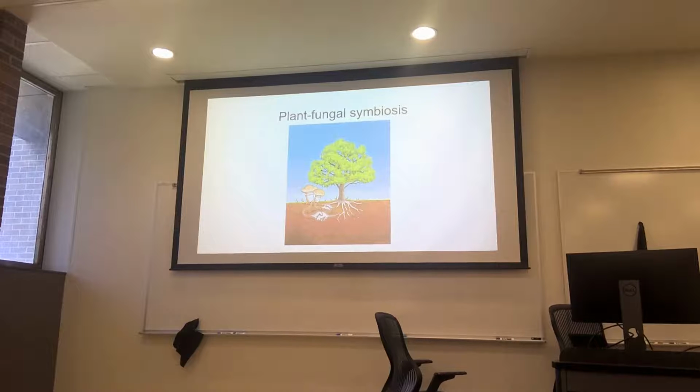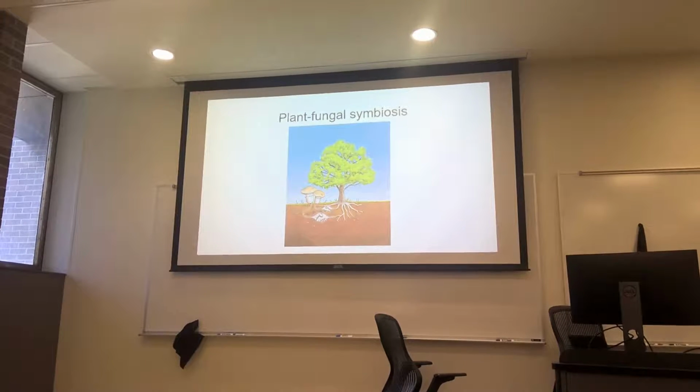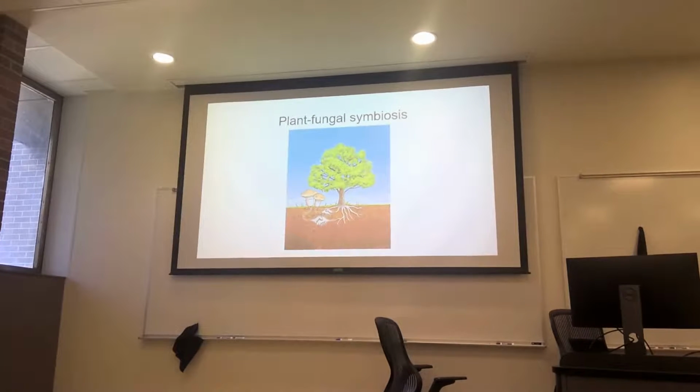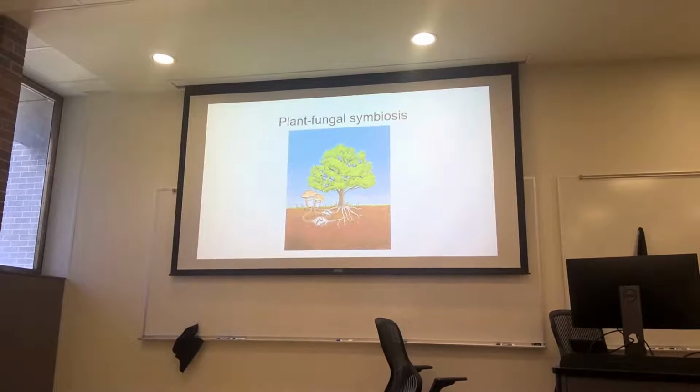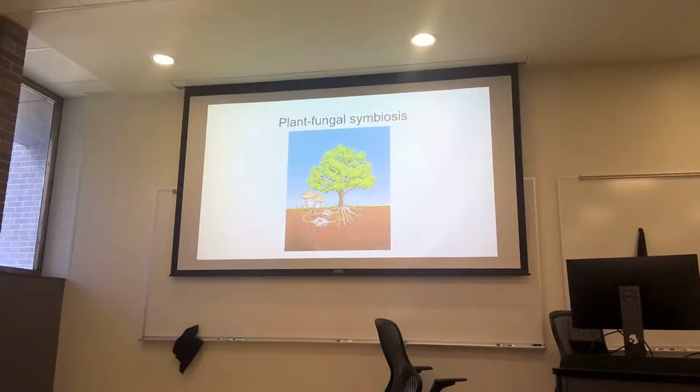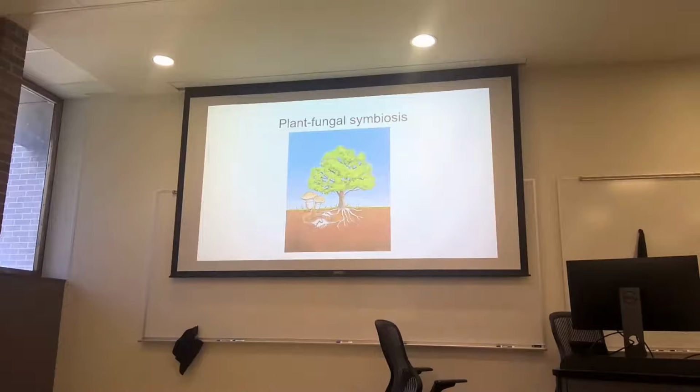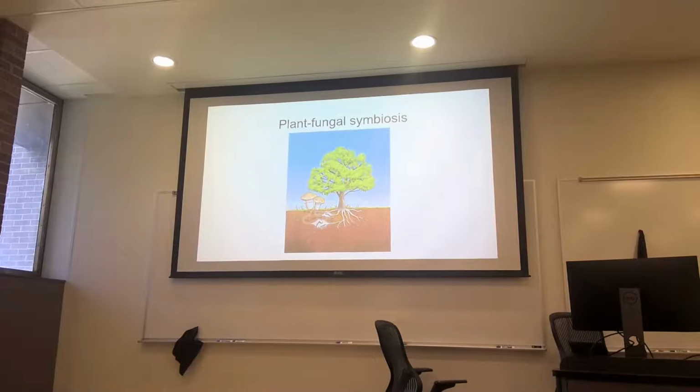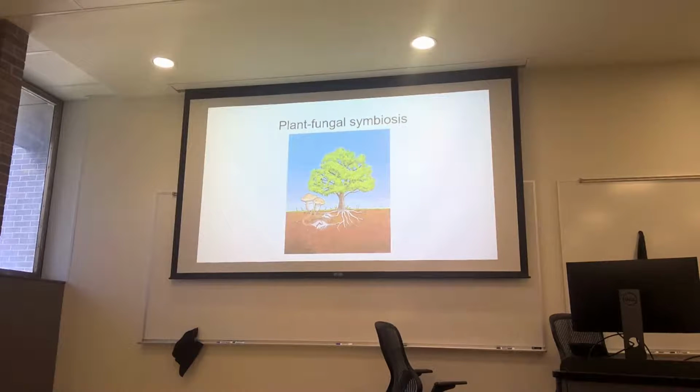So there are two very important types of symbiosis. Plant symbiosis with bacteria that fix nitrogen, that's key. And plant symbiosis with organisms that do other things that is not necessarily fixing nitrogen.